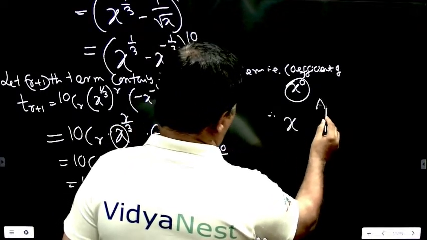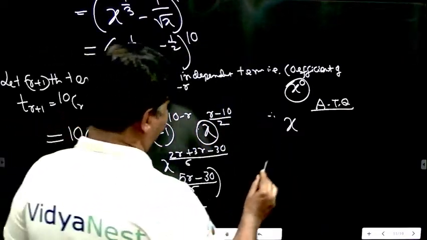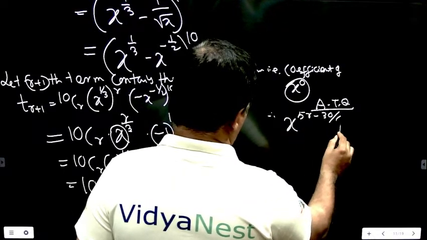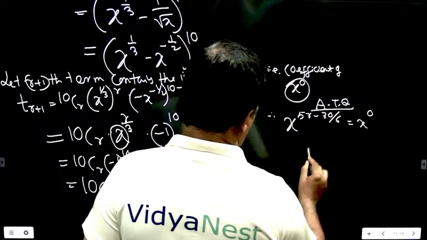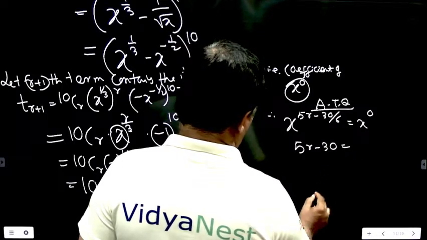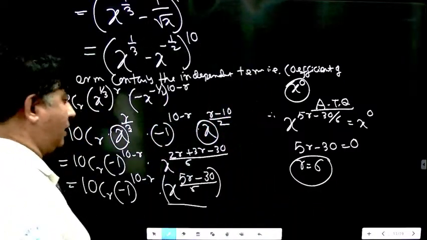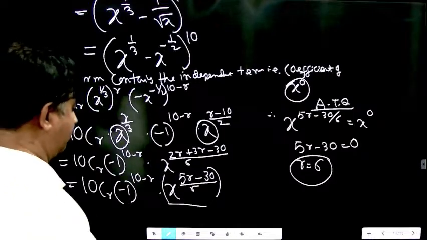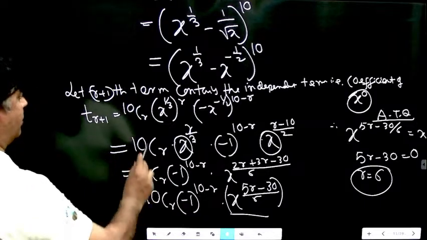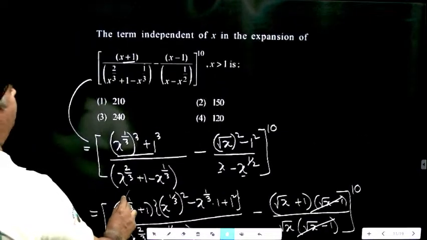So according to the question, x to the power this equals 0, so r is equal to 6. Once you get r is equal to 6, we are told to find what? Independent term.